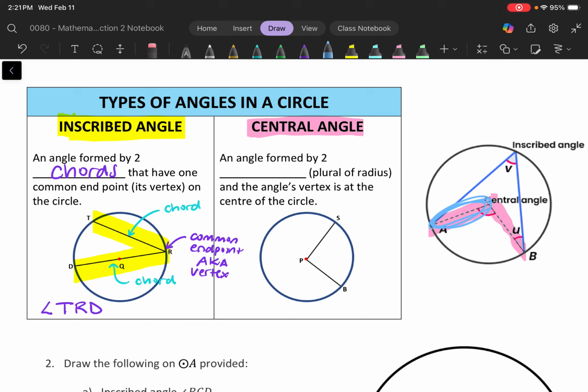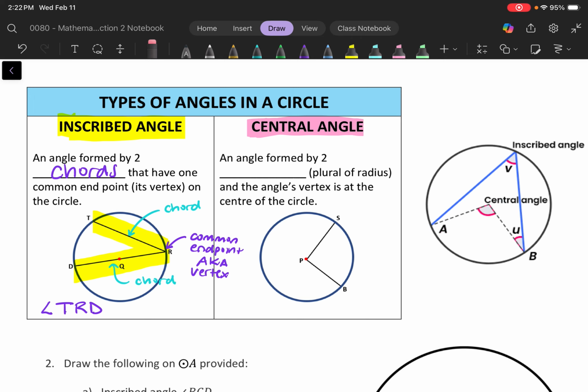What do we call something that goes from the edge of a circle to the middle? It's a line segment. Right, we call it the radius. Hopefully you all yelled at the computer and yelled radius. Okay, lovely. So I have one radius here and I have one radius here. They also have a common endpoint, which is the center, which is their vertex. Okay, and that's how I make a central angle.